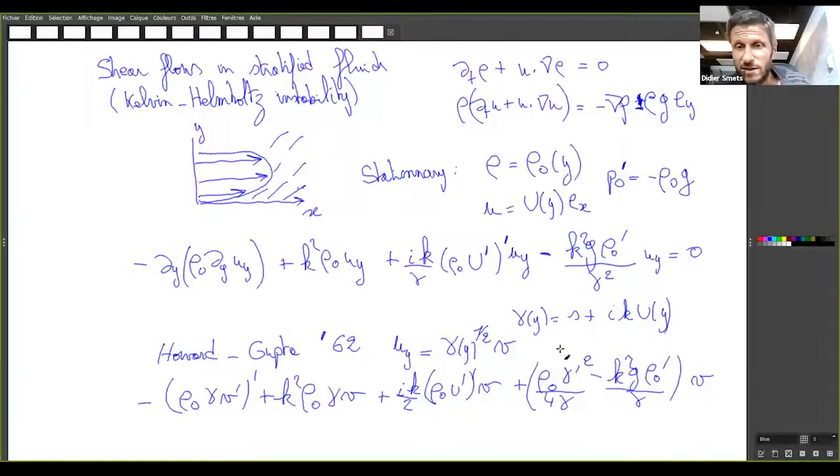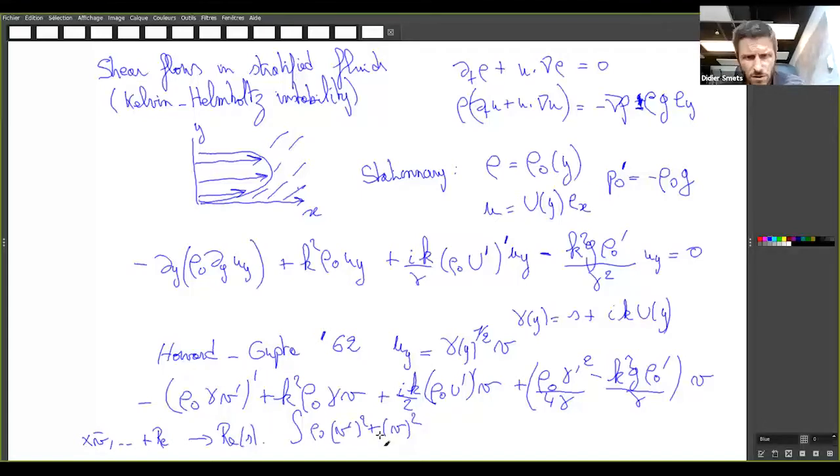So if you do the same, multiply by v bar, blah blah blah, you get this relation. You take the real part as we did before. You get that the real part of s times the integral of something positive, so rho naught plus, this is the H1 norm here, so let me put it quickly, v prime squared plus v squared. There's a k squared here.